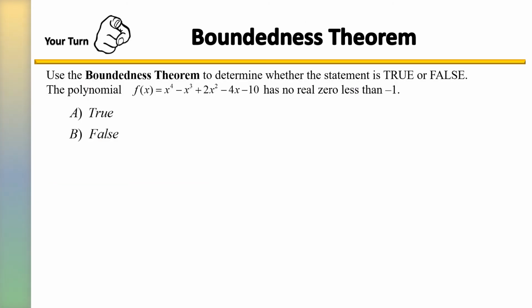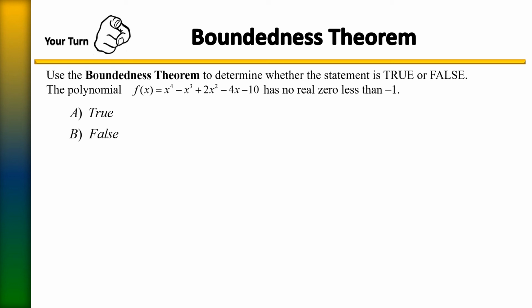All right, your turn. I want you to use the Boundedness Theorem to decide whether the statement is true or false. Here, the given polynomial has no real zeros less than -1. Remember, when we're looking for less than, if the number c is less than 0, then the signs in the bottom row must alternate.